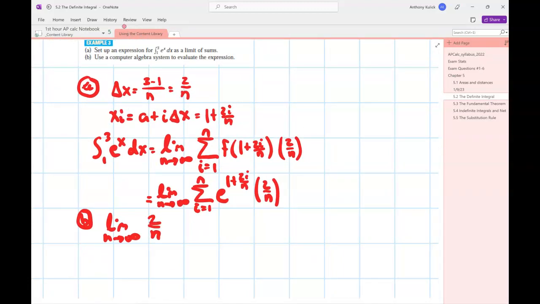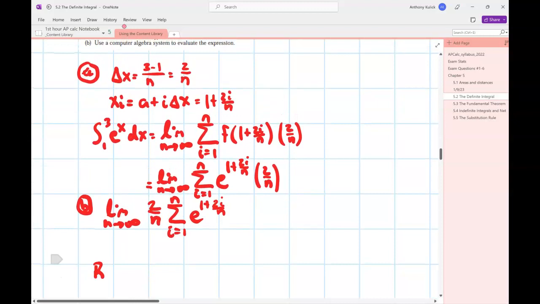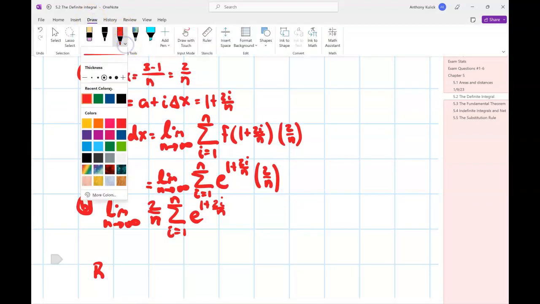I'm going to take that 2 over n out front, since it doesn't have an i in it, I can do that. And now what I am going to need to use, pick a different color so we can see.